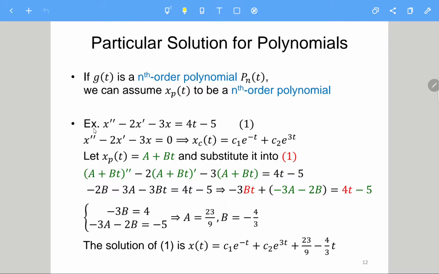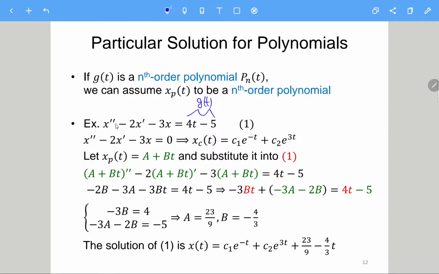On the left hand side we have x double prime minus 2x prime minus 3x equals 4t minus 5. So this is g of t, and the left side is the function of the dependent variable.